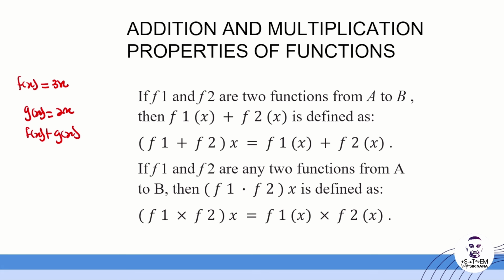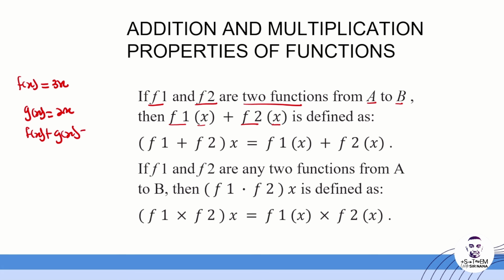So we are saying that if you have f1 and f2, which are two functions from A to B, then f1 of x plus f2 of x, like f of x plus g of x, can be described as (f1 plus f2) of x, which is equal to f1 of x plus f2 of x.